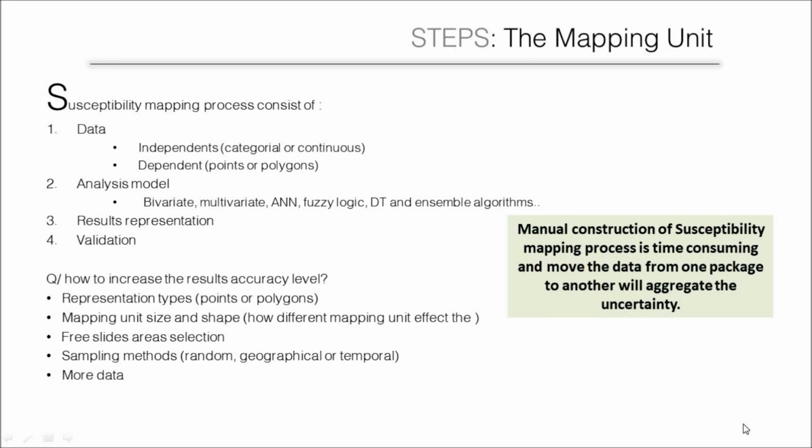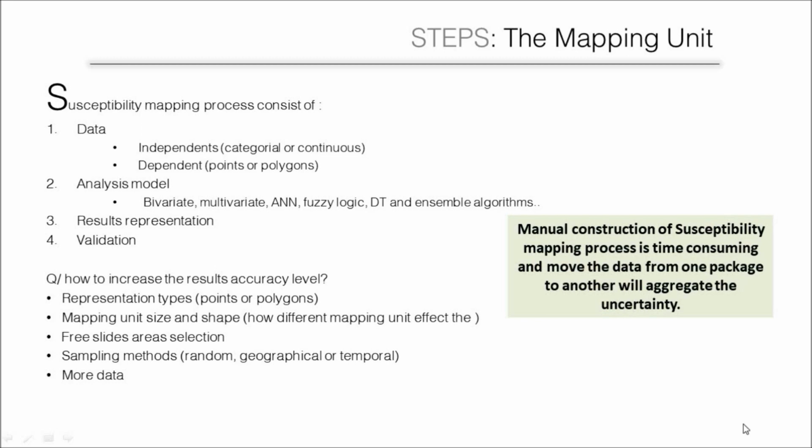So when we have clear polygons that represent the events, if it's, for example, slope failures, the shape of those units or the size can affect the result positively. Or if you deal with the mineral potentials, you have just boreholes, or you have just points.